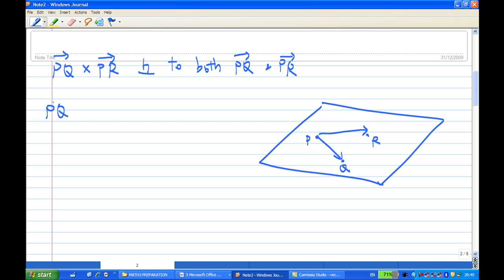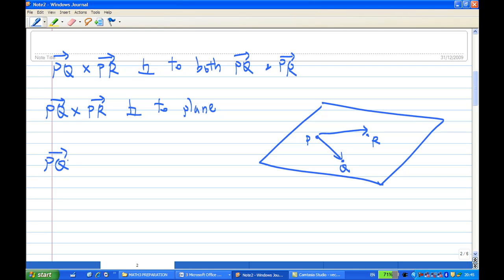Since PQ and PR lie on the plane, PQ cross PR is perpendicular to the plane. This is a good candidate for the normal vector because a normal vector is a vector perpendicular to the plane.